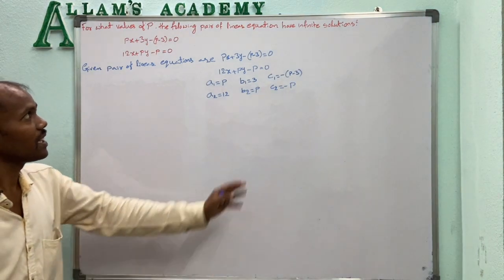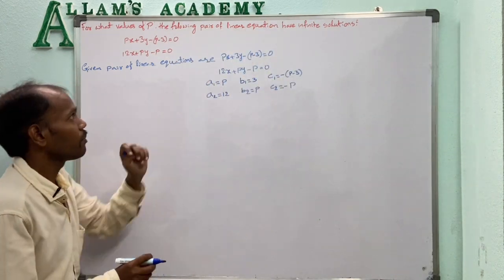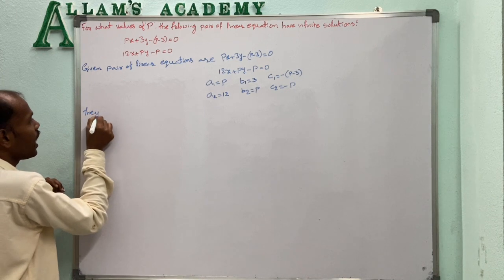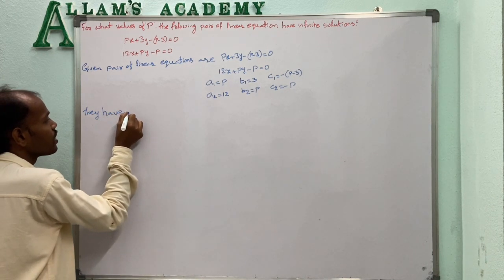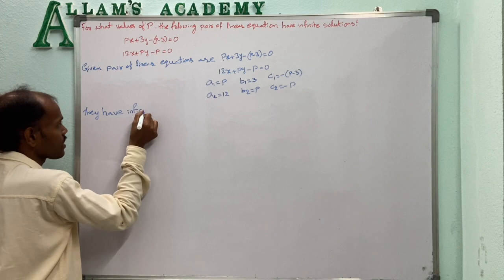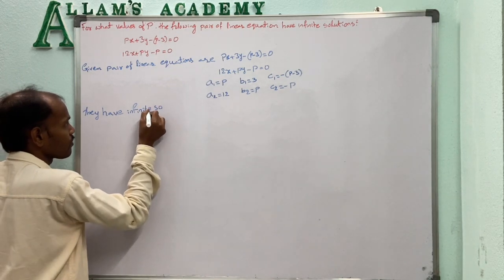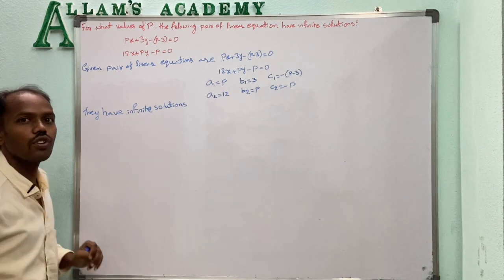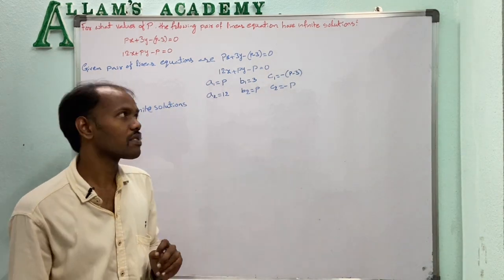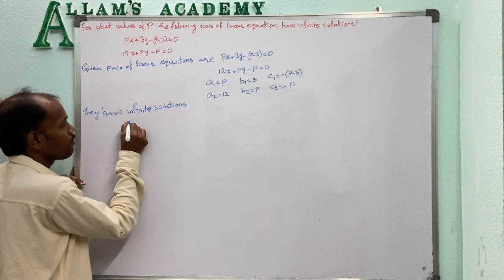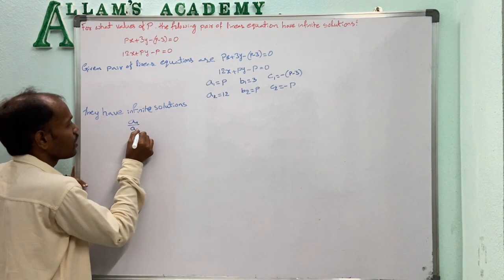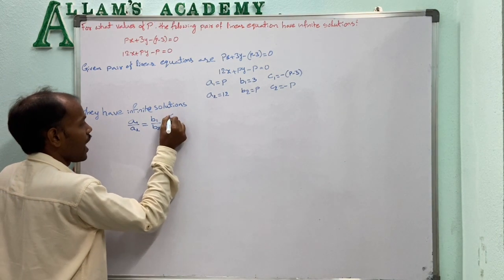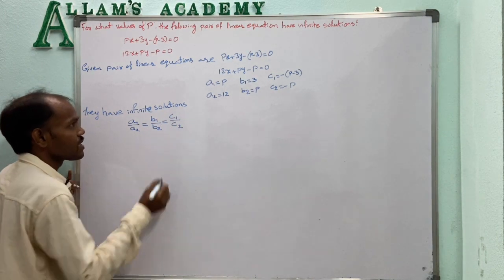Now the given equations have infinite solutions. What is the condition for infinite solutions? a1 by a2 equal to b1 by b2 equal to c1 by c2.